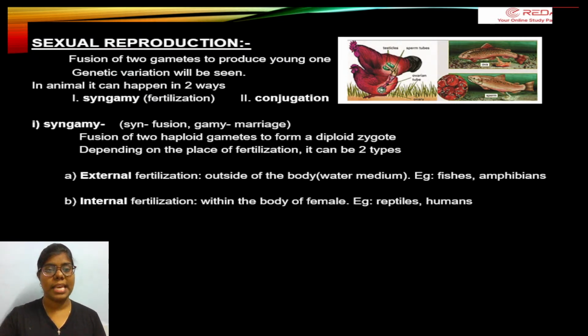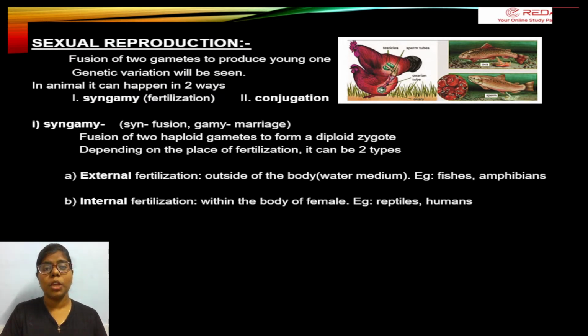So when you say sexual reproduction, two gametes are involved. The word gametes is used here. What is a gamete? When you consider human beings, a very good example, we can simply understand the word gamete.